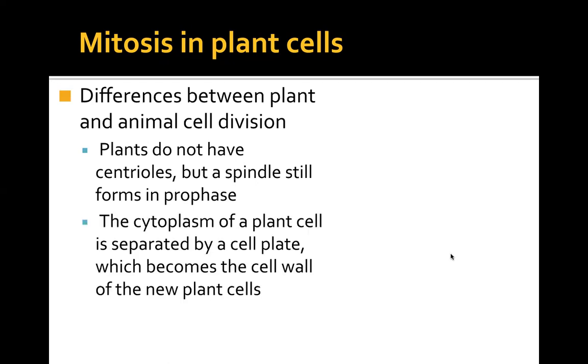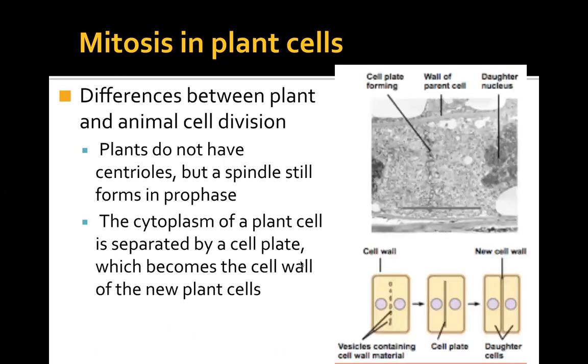The other big difference in cytokinesis is that because the cell can't pinch off, we basically build new cell wall between the two new cells that are forming, and that new wall we build is called the cell plate. So you can see in this cartoon at the bottom, instead of pinching the cell off, we just built a cell plate, new cell wall, in order to ultimately create two new cells during plant cell cytokinesis.